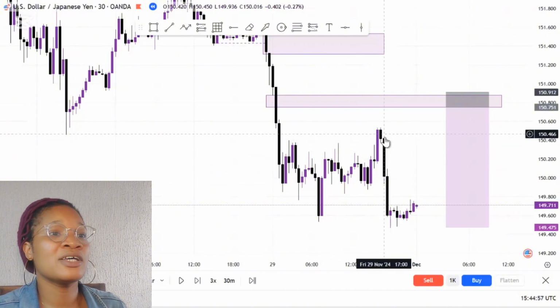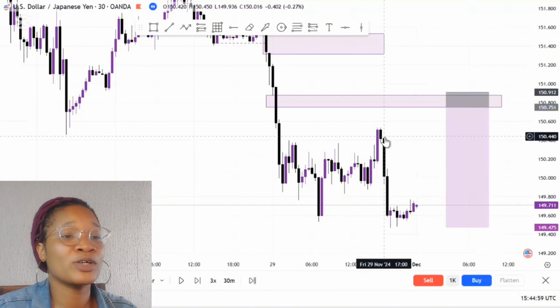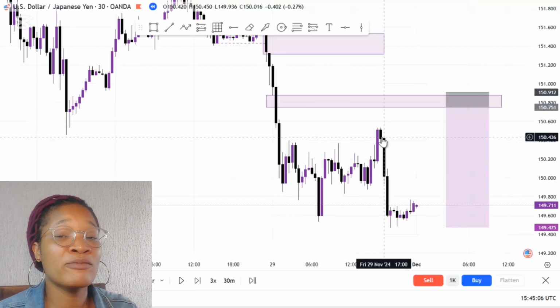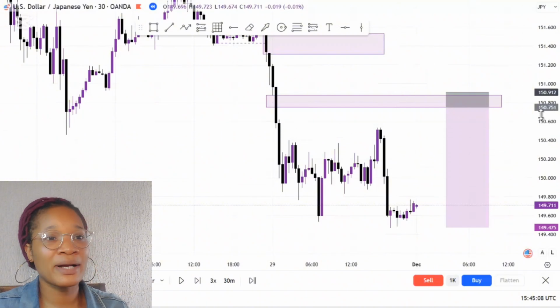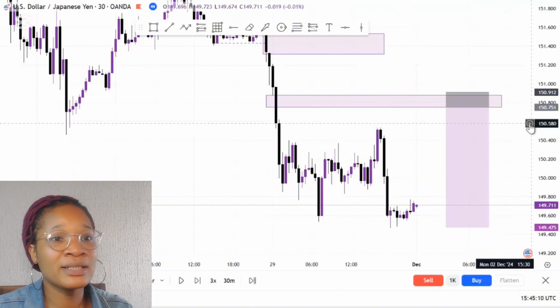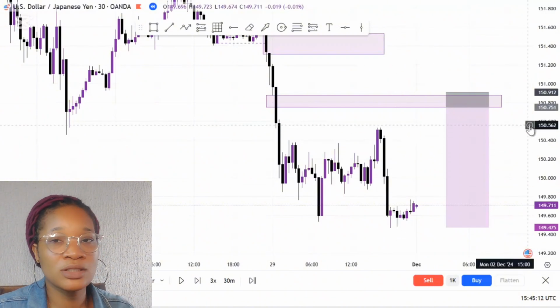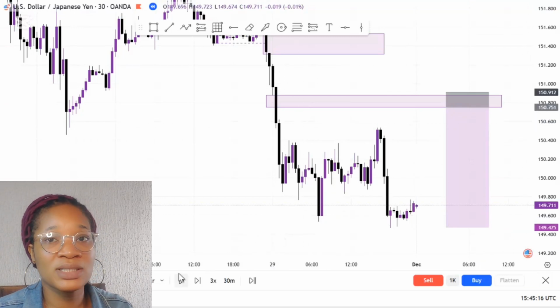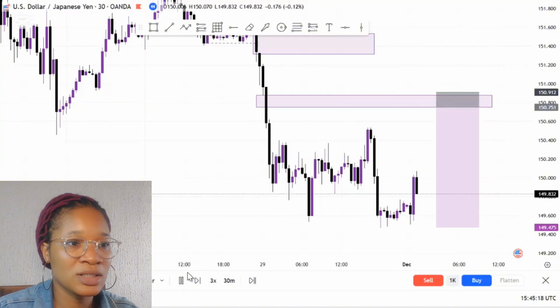I'm saying it as a way that the market is inducing traders, retail especially, to FOMO into selling, thinking that price has left them. That's why they keep advising, don't chase your trades. Any trade that doesn't turn out well, there will be thousands and thousands of opportunities in the market, so there's no point in chasing a trade.